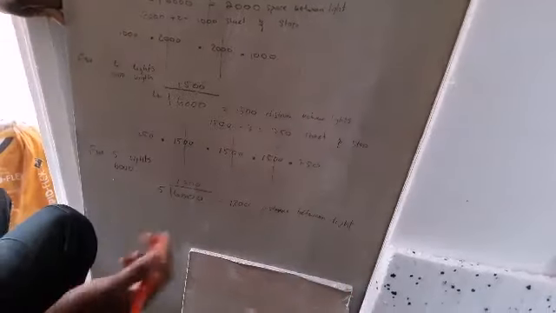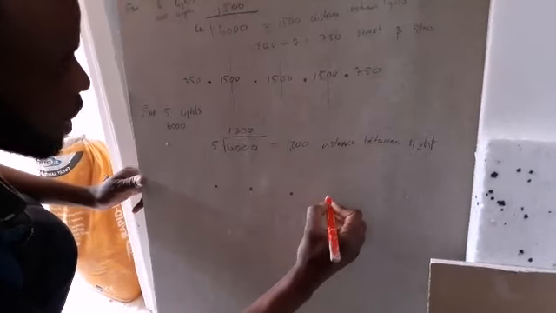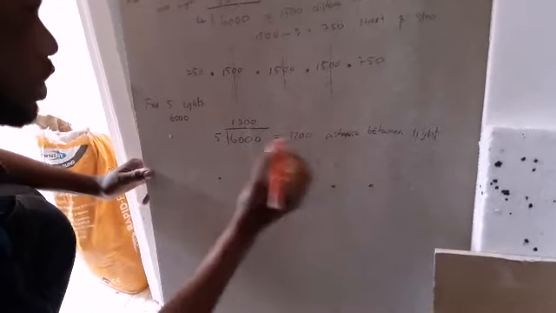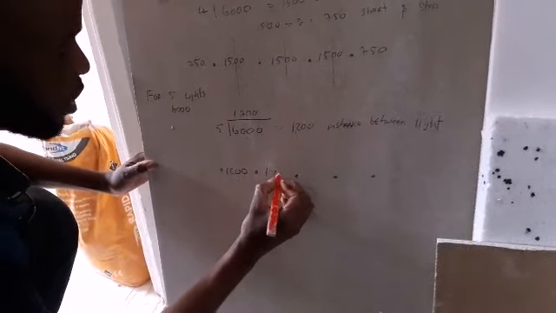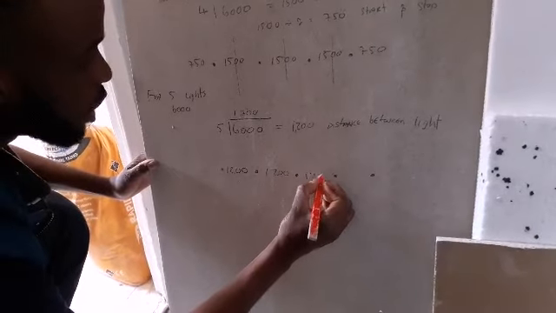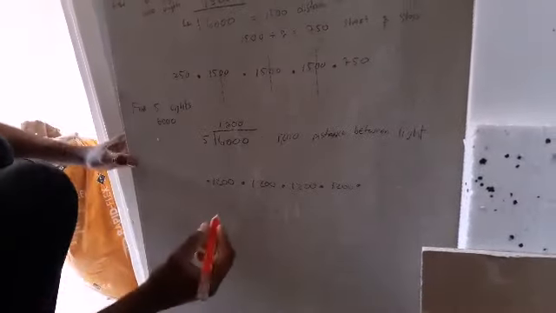So that is what you'd have, the distance between lights. And then you have 5. So this is for 5 lights: 1, 2, 3, 4, 5 lights. So you know the distance between each is 1200, 1200, 1200. Start and finish would be half of that.